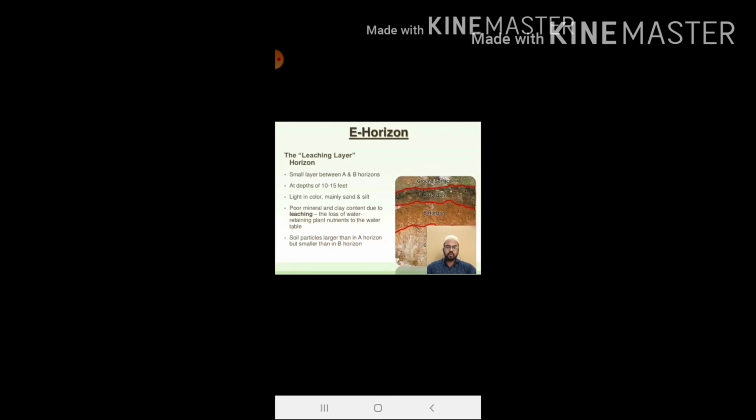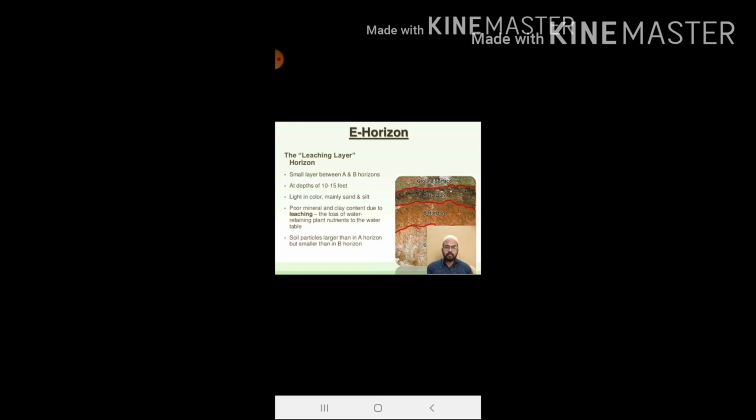E horizon, what is the E horizon? This is a small layer in the middle of the A and B horizons. This layer is light in color and situated below the A horizon. It is made up of sand and silt. Silt means mud or fine earth deposit from running or standing water.